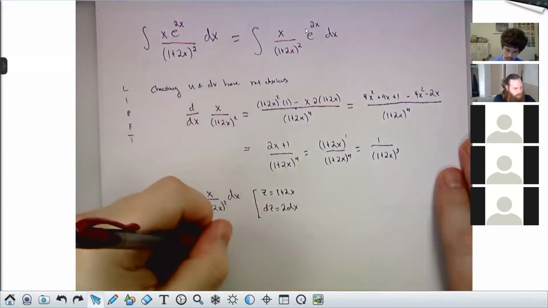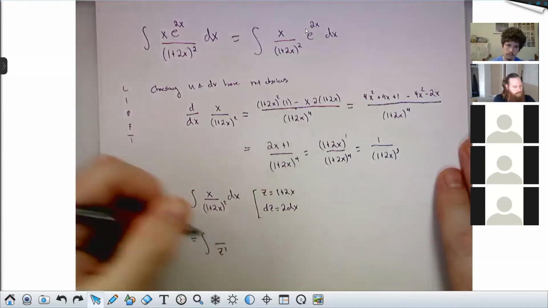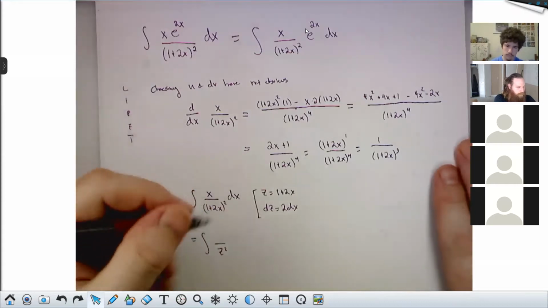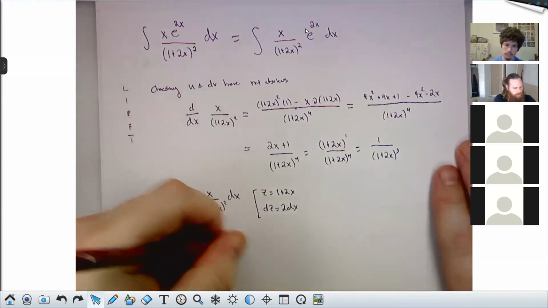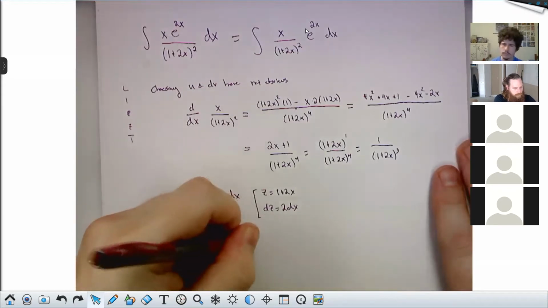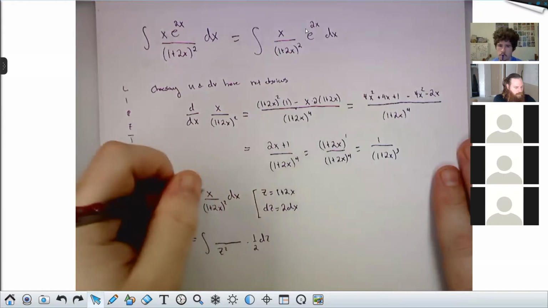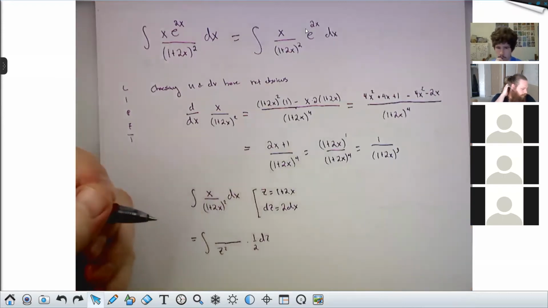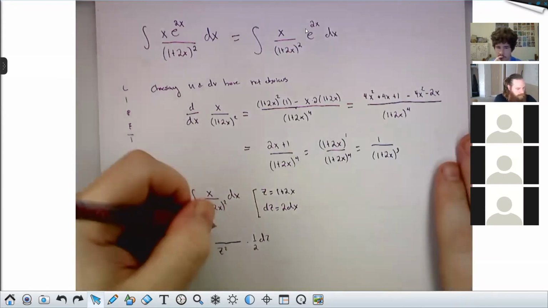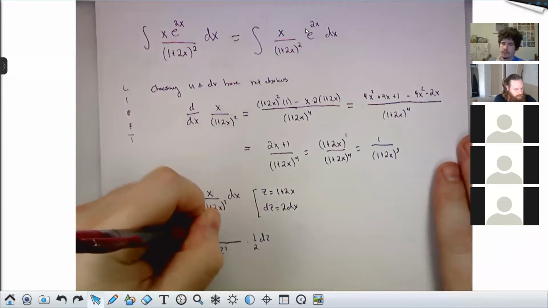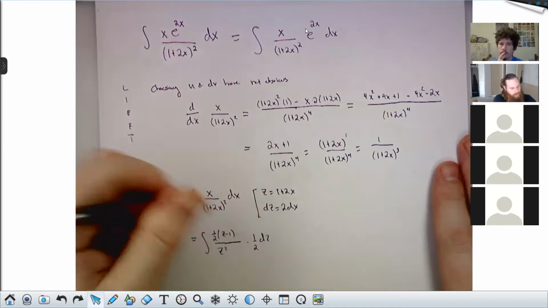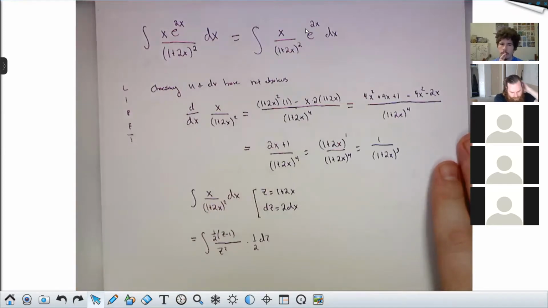I'd have a z squared downstairs. I'd have a 1/2 dz. And then my numerator x, that's going to be 1/2 times z minus 1, or z minus 1 over 2. So this is also quite a mess.